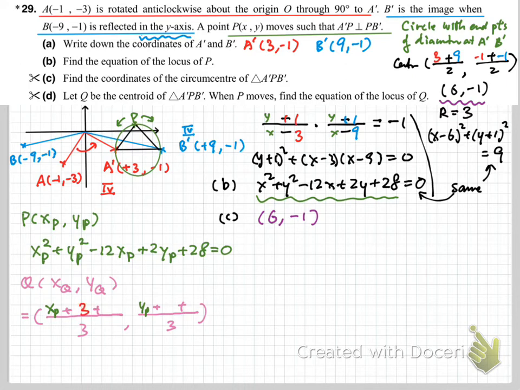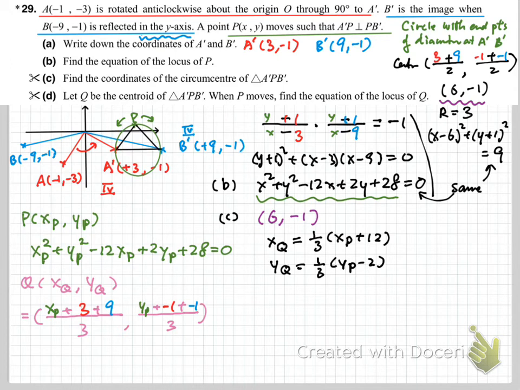A prime is 3 and minus 1. And we add the blue point, B prime is 9 and minus 1. So in other words, we have these two equations. We have xq equals 1 over 3 of xp plus 12. At the same time, we have yq equals 1 over 3 of yp minus 2. Alright, so that is the relation between xp and xq, yp and yq.